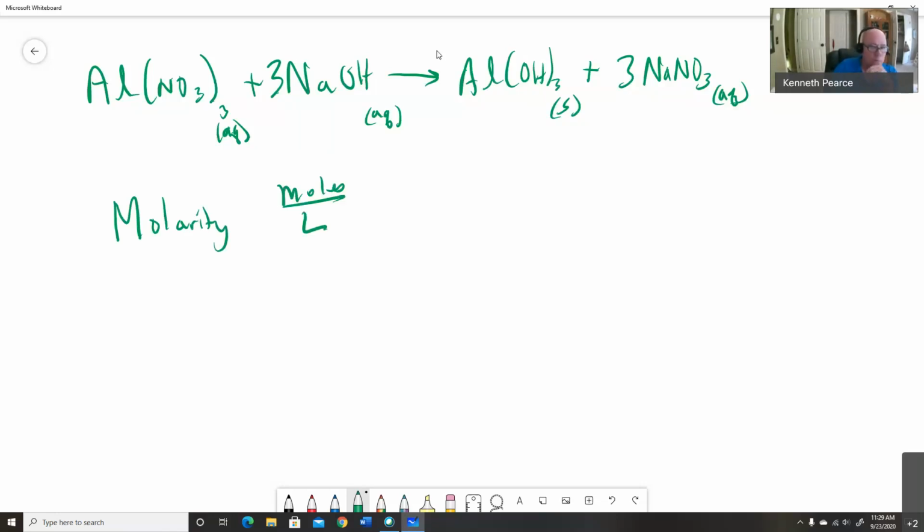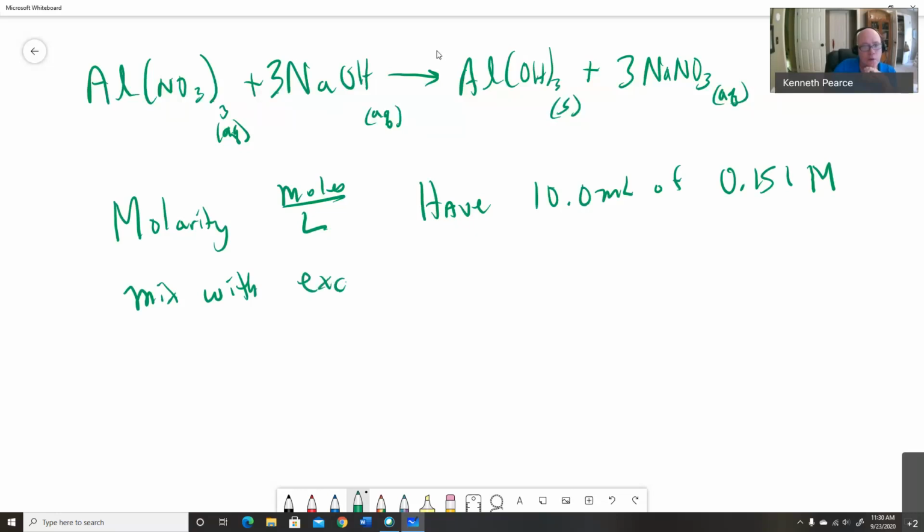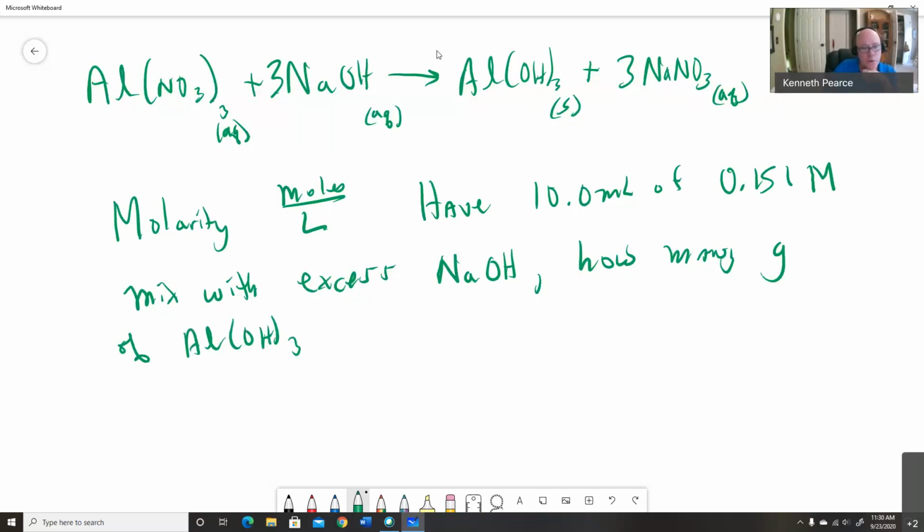Let's say that we have 10.0 milliliters of 0.151 molarity, big M, aluminum nitrate, and I mix it with excess sodium hydroxide. And I want to know how many grams of aluminum hydroxide will I get?